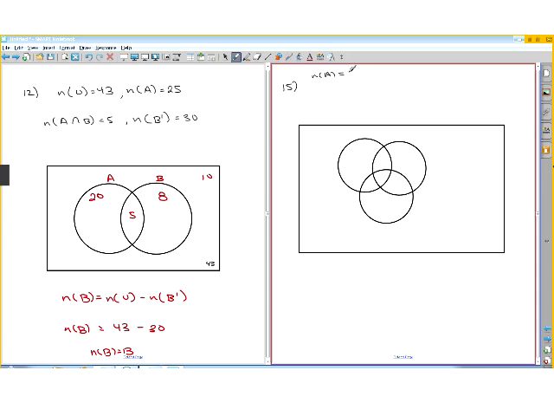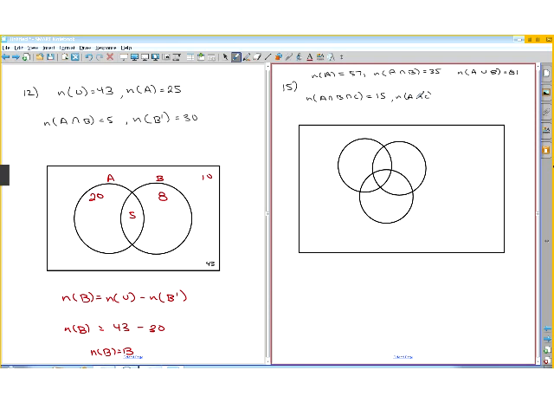They said the number in A is equal to 57. The number in the intersection of A and B is 35. The number in the union of A and B is 81. The number in the intersection of A, B, and C is 15.